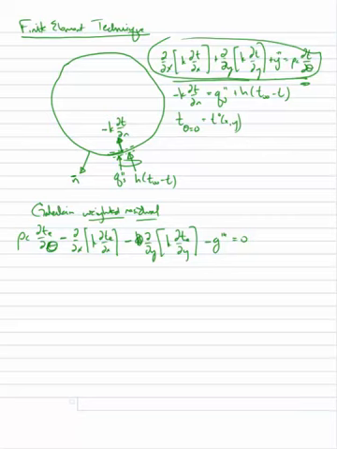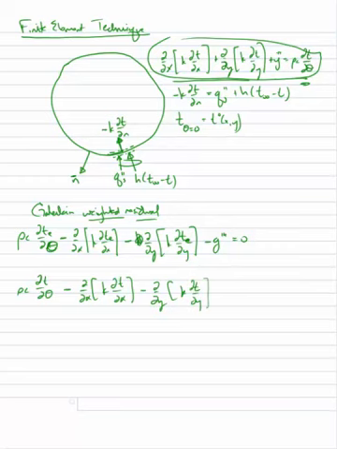Right? If I substitute in my approximate solution, I get rho times c times dT/d theta minus d/dx of k dT/dx minus d/dy of k dT/dy minus g triple prime equals some residual.